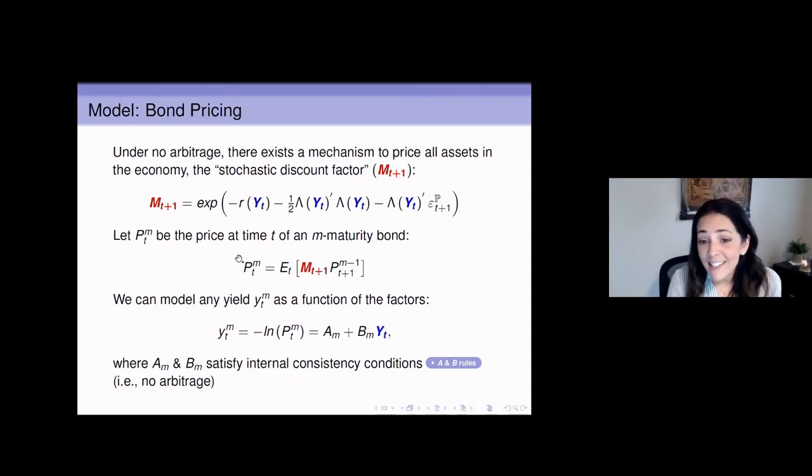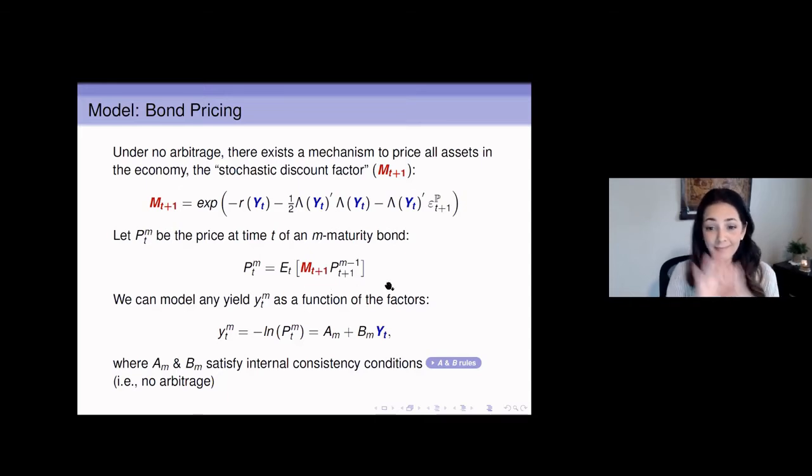Now, this stochastic discount factor is going to allow me to price bonds in the economy. So this is the fundamental asset pricing equation that says that the price of an asset today depends on the expected future price of the asset, adjusted for risk. And this risk adjustment is happening via the stochastic discount factor.